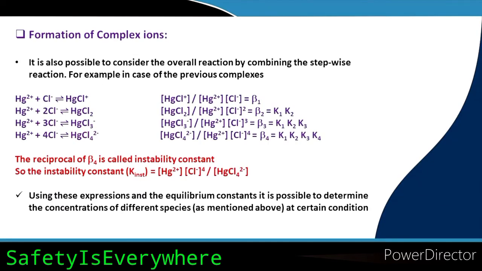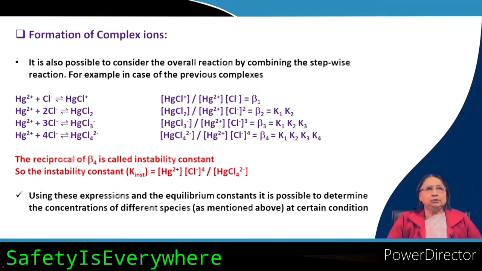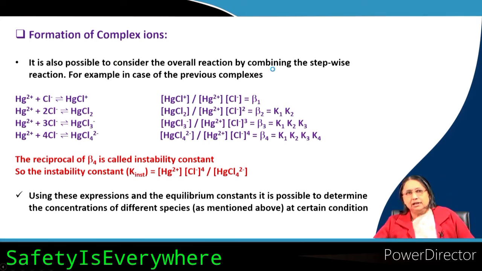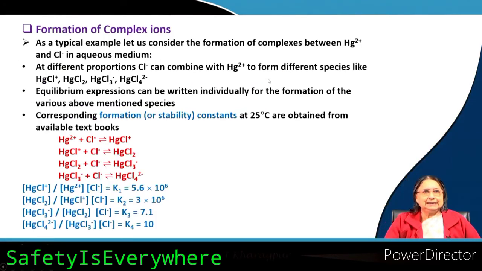Now, it is also possible to consider the overall reaction by combining the stepwise reactions. So, in the previous case we have shown single steps, but we can combine, say for example, these two. If I combine, then what will happen? Hg2 plus 2 Cl minus will form HgCl2.